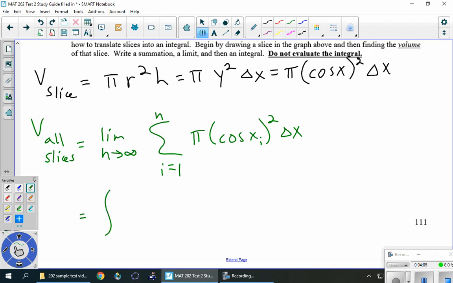So this is the integral from minus pi over 2 to pi over 2, sweeping the slice from left to right. Then I'll copy pi, cosine, x sub i goes back to being x, still squared, and delta x becomes dx. We don't need to evaluate this integral.